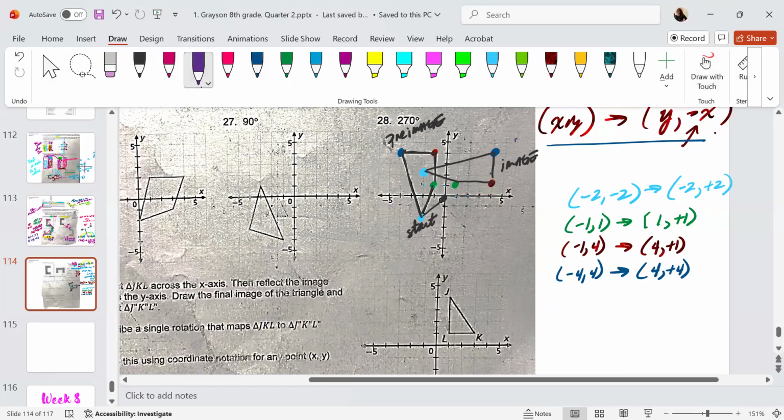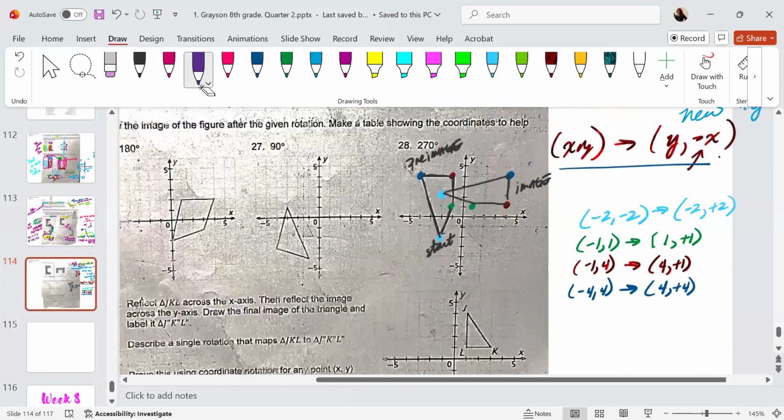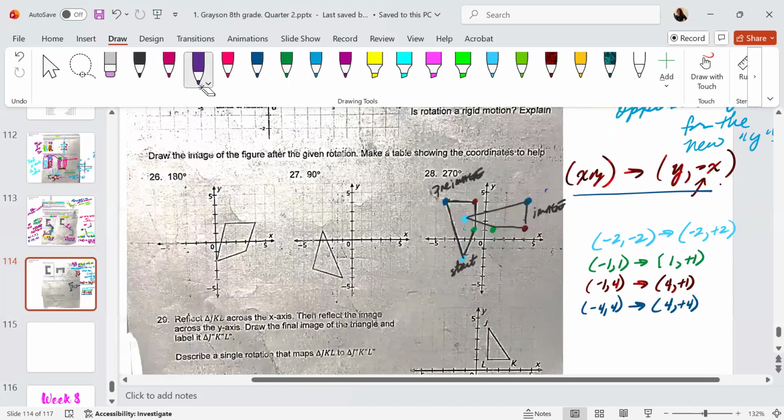Oh, I don't even see 270. Forget it. You don't need to have the protractor as long as you know the equation. Does that make sense? But do you see how your picture does not match what it should be? Yeah. Okay, but do you understand now how the equation works? Yes. Great, I want you to do 26 and 27 on your own.